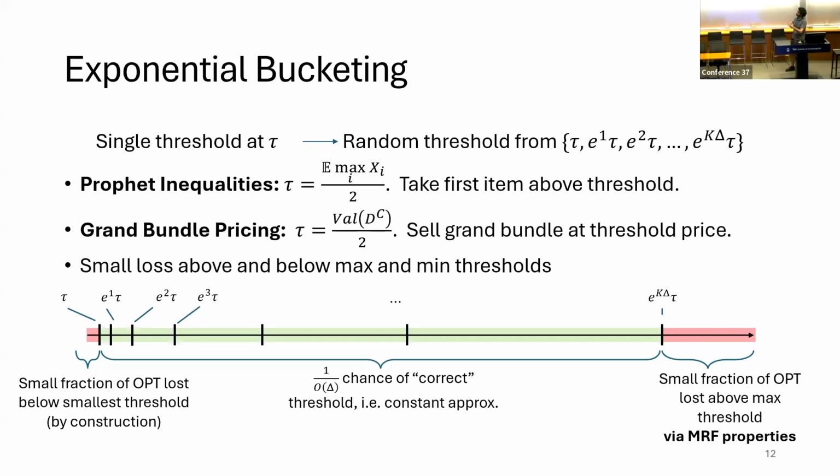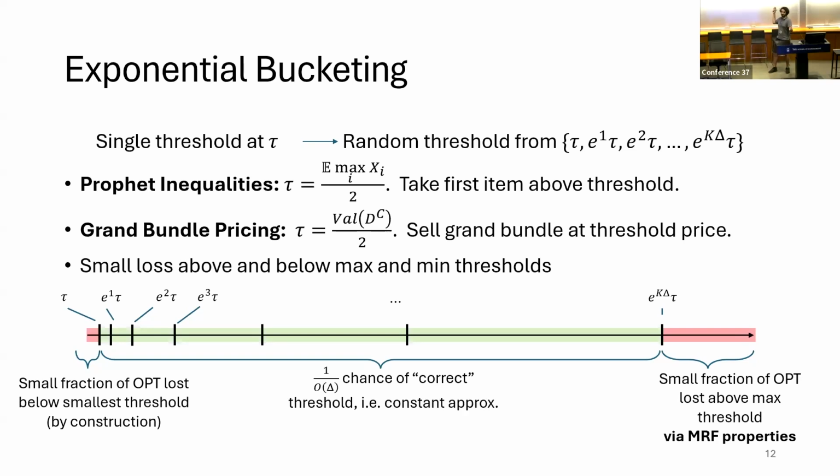And then the rough idea for why this exponential bucketing trick works is that because we have our smallest threshold at our original threshold price and our largest threshold at a price e to the order delta larger, we can still bound the amount of value that we lose if our hindsight optimum, our sample opt that we're trying to approximate, falls below the lowest threshold or above the highest threshold.